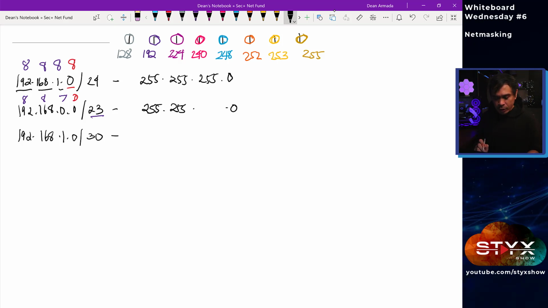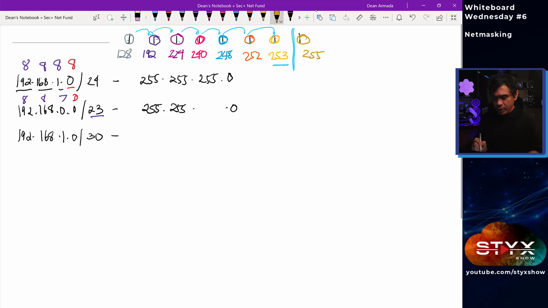Now the third octet, it says 7. Let's use a divider. In our divider, if we count 1, 2, 3, 4, 5, 6, 7, there you go. This is our divider. As you can see, all 7 are set to 1, and only this is set to 0.